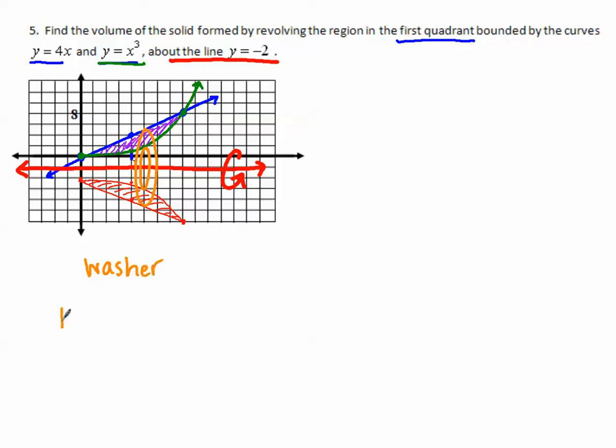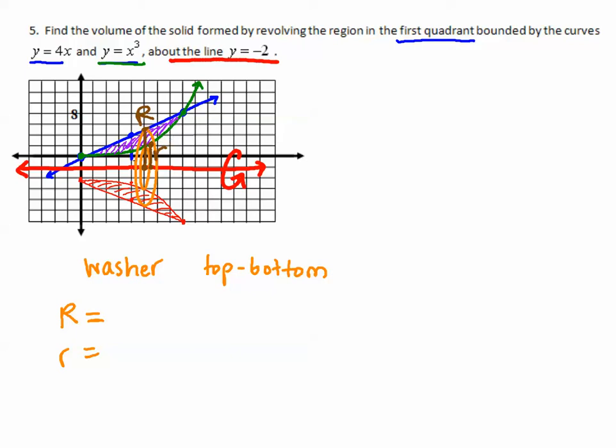And if I have a washer, I need a big R and I need a little r. And if my slice is going up and down, I am doing top minus bottom, such that I draw my radii from the axis of rotation for big R all the way out to the farthest away part of the original shaded region, and for my little r from the axis of rotation all the way to the closer part of the shaded region.